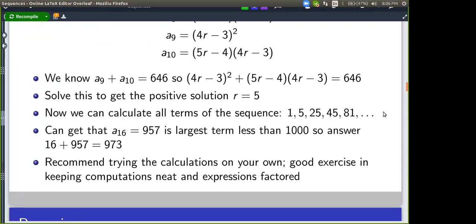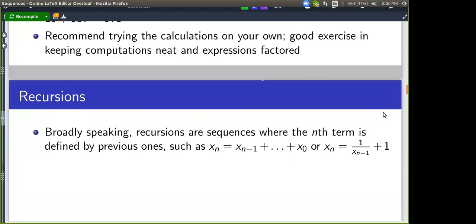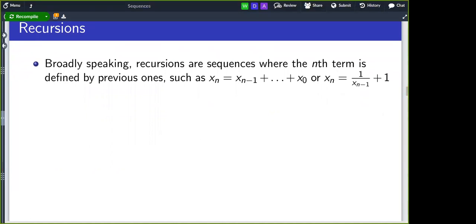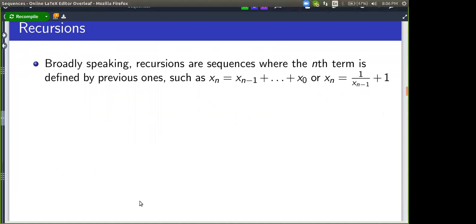Well, we'll move on to our next topic, which is recursions. I'll go a little bit into what recursions are, if you don't already know. A recursion is just a sequence where each term is defined by the previous terms. In the problems that follow, we're going to use a lot of different types of techniques.